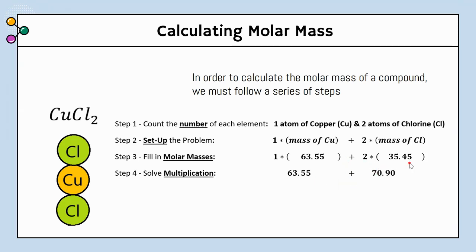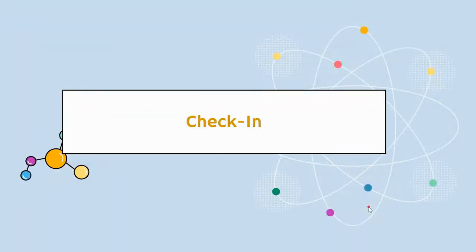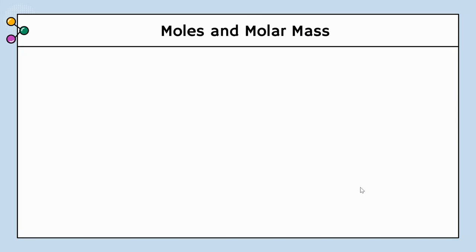And 2 times 35.45 equals 70.9. And last, we'll just add everything up. 63.55 plus 70.9 is going to equal 134.45. Now, this number means that if we have 1 mole of CuCl2, it's going to weigh this much on our scale. Let's do a quick check-in.